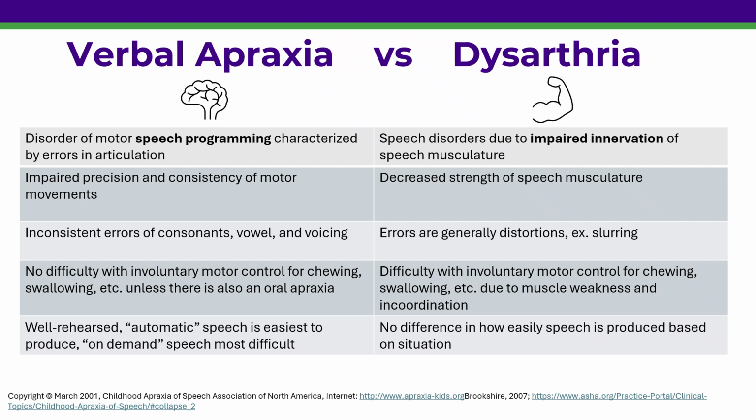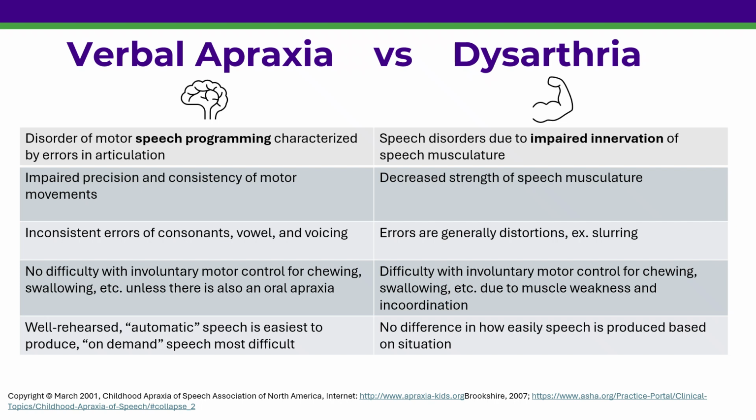With dysarthria, errors are generally distorted, such as with slurring, whereas with apraxia, you have impaired precision and consistency of motor movements. This leads to inconsistent errors with consonants, vowels, and even voicing. So sometimes you might hear some sounds made very well, and then in other contexts not at all, just because of that motor programming difficulty.